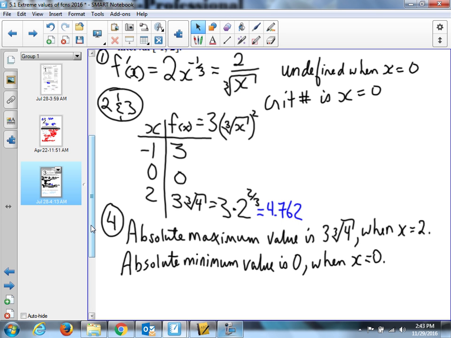Now you're going to get used to making statements like this for a lot of these kinds of problems. And I'll model them just because they're necessary, okay? So typically, if possible, you state the value and the corresponding x value, right? The actual value of the maximum is the y value, right? And it occurs at. Sometimes you might want to give the ordered pair, the point.